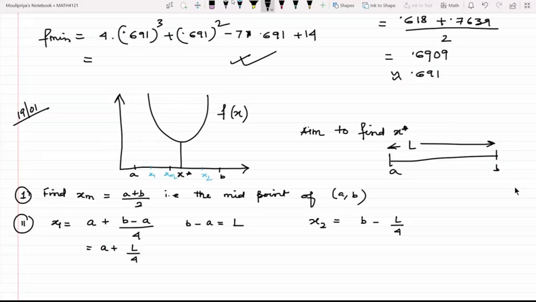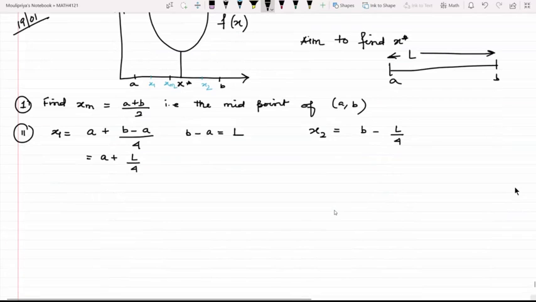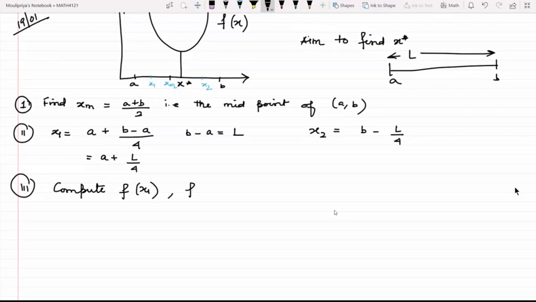The second part of the algorithm is, first we find xm, then we find the two quarter points, that is x1 and x2. Next, we have to figure out the functional values. That is, we need to compute f(x1), f(xm), and f(x2).